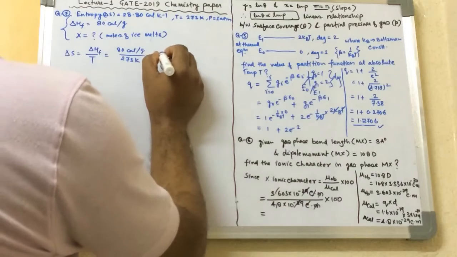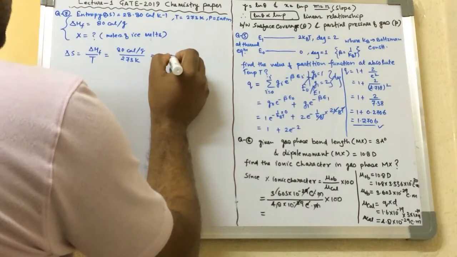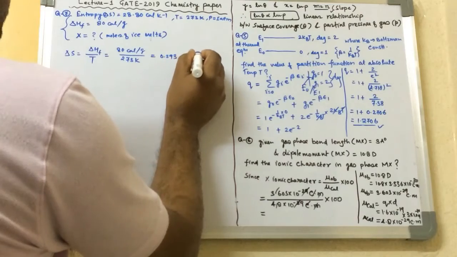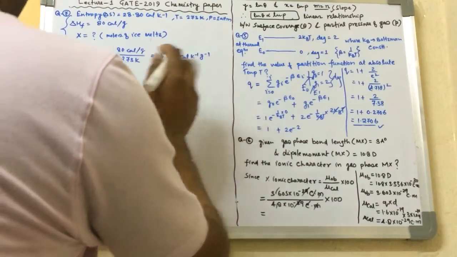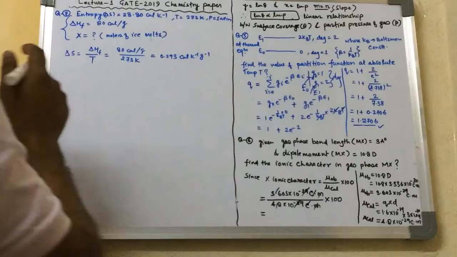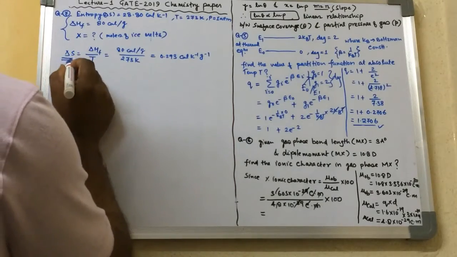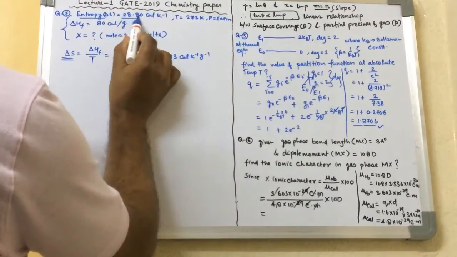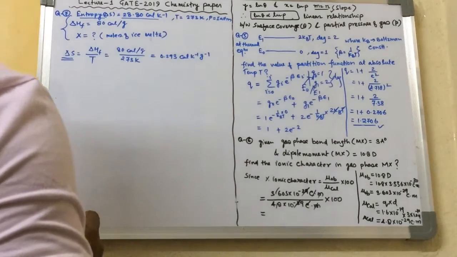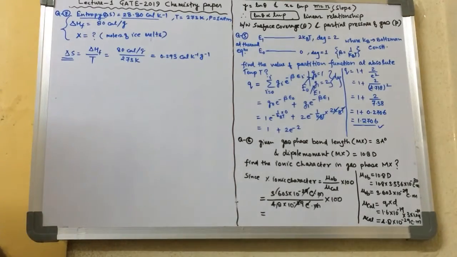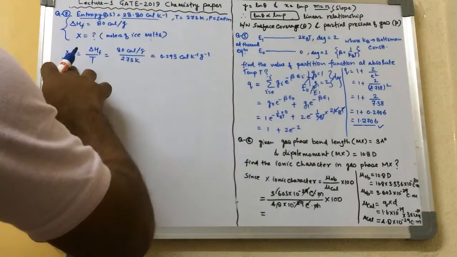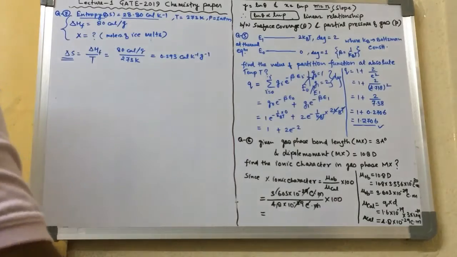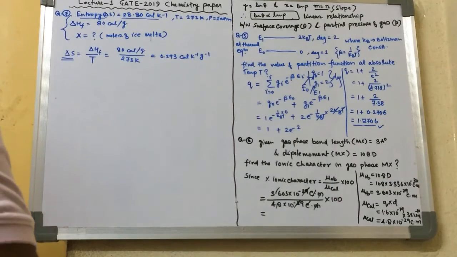If you divide this you will get 0.293 calorie per Kelvin per gram. This much entropy we will get, and the entropy for the melting is already given. Since you have calculated the entropy, you can easily compare.